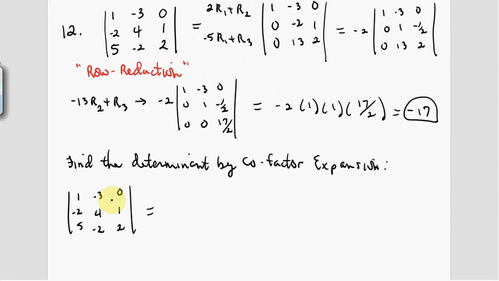So here, and you remember the signs for the permutations: plus, negative, plus, negative, plus, negative, plus, negative, plus. So here, this is the 1 here, and that sign is positive, and so I delete this row and this column, and so I multiply times the determinant of the submatrix. So this is 4, 1, -2, and 2.